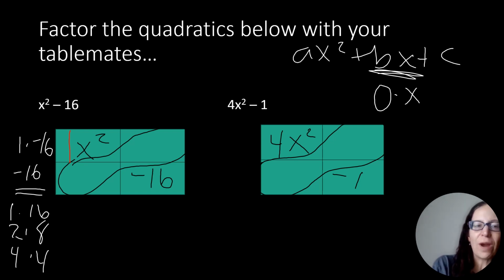And we're looking for a pair that adds up to 0. Well, since I know this is a negative 16, I know one of those numbers has to be negative, and lo and behold, if I use the 4 and the negative 4, I can get them to add up to 0. And so we could use 4x and negative 4x.